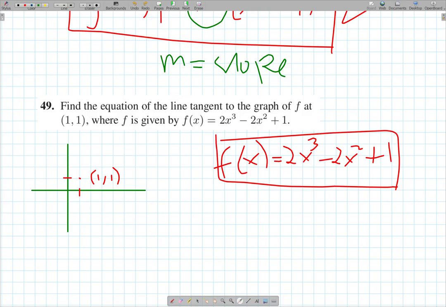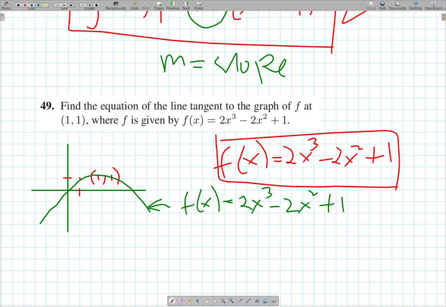For example lang, right? Let's say nandyan ang graph na f of x equals 2x cubed minus 2x squared plus 1.